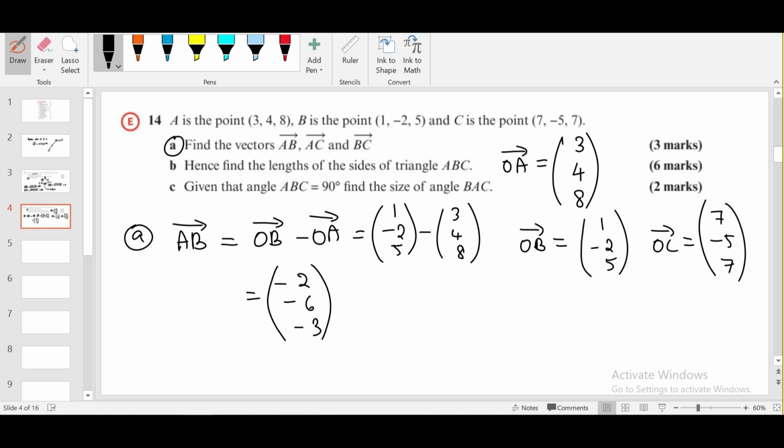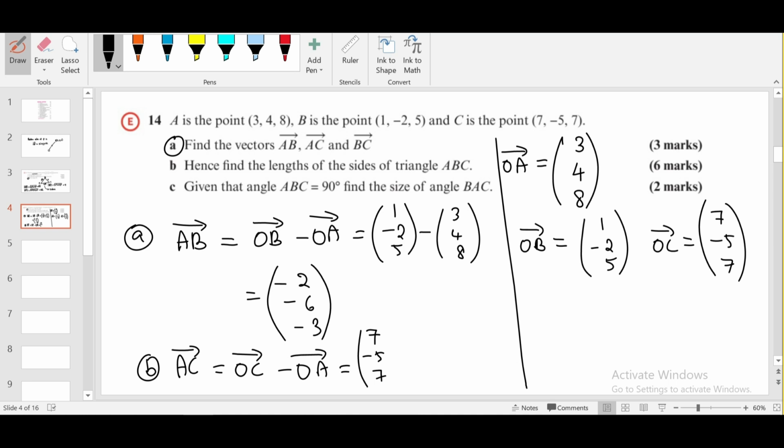The same way can you find AC and BC? 7 minus 3, negative 5 minus 4, 7 minus 8. Sorry, OA is 3 4 8. So 7 minus 3, negative 5 minus 4, 7 minus 8, which is 4, negative 9, negative 1.